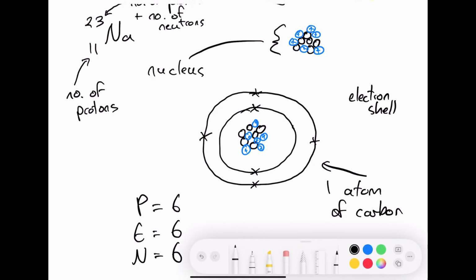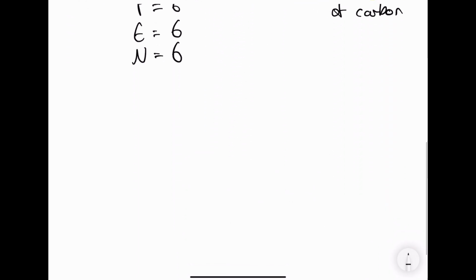Now let's draw the electron configuration for a different atom. We mentioned sodium earlier, so let's draw the electron configuration for sodium. Now sodium has an atomic number of 11, which means it has 11 protons, and because there's no charge on sodium, we know that it's neutral, so it has the same number of electrons. So I'm going to draw the nucleus of this as the symbol, and then how many electron shells would this have?